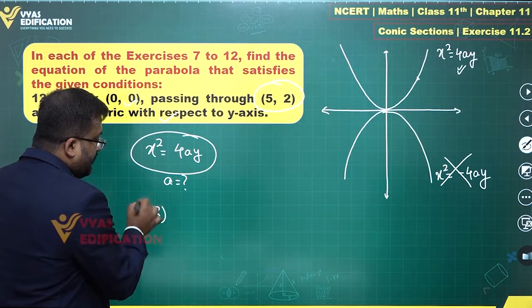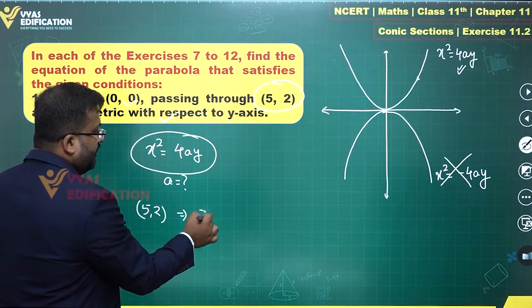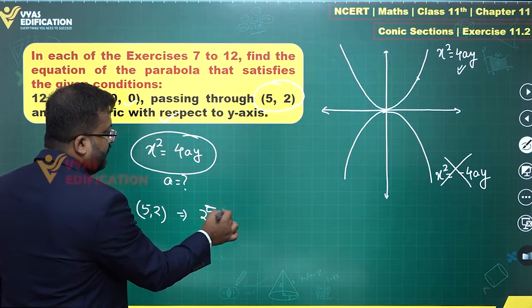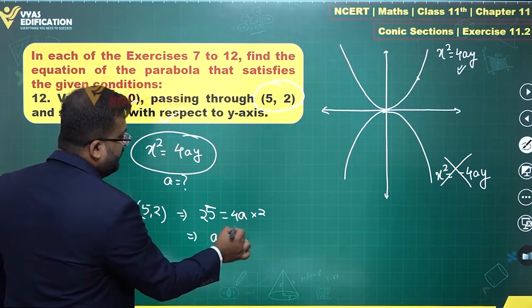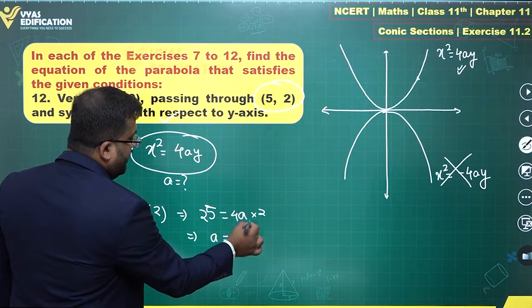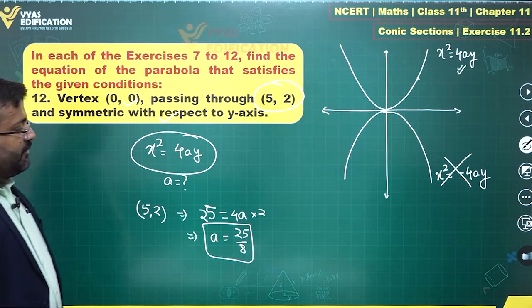Since the parabola passes through (5, 2), this implies that 5 square, which is 25, will be equal to 4a times 2. And that tells me that a will be equal to 25 upon 8.